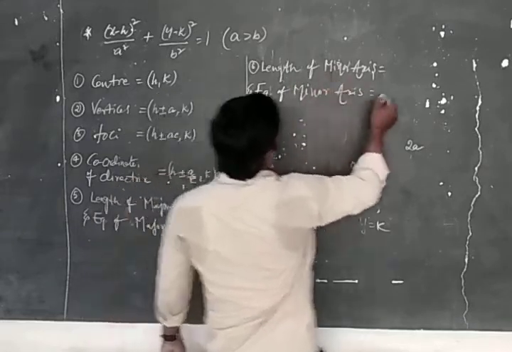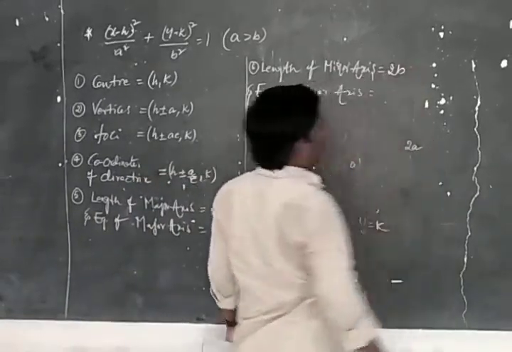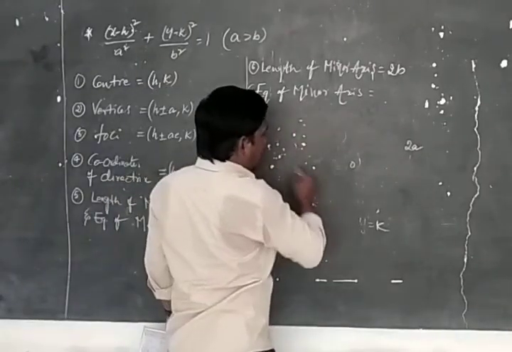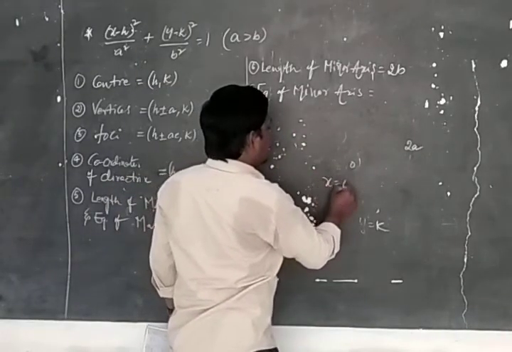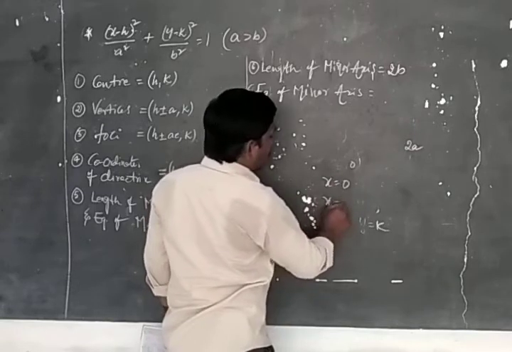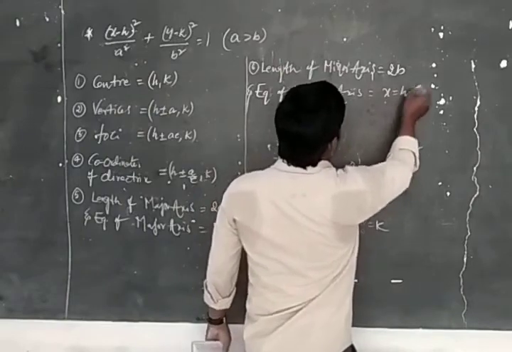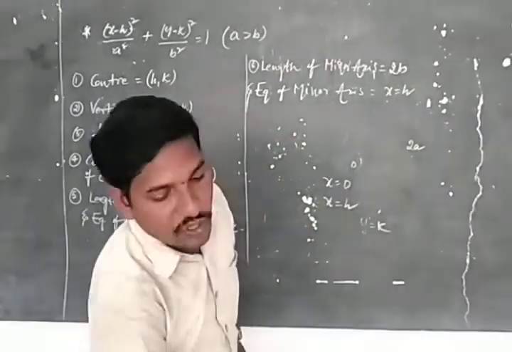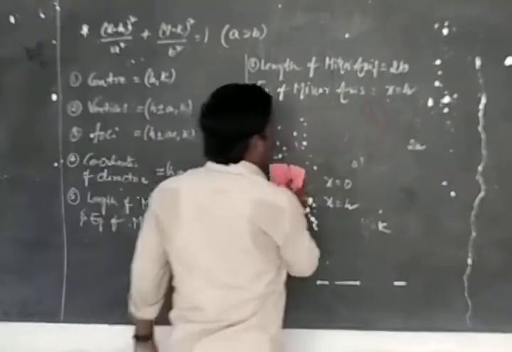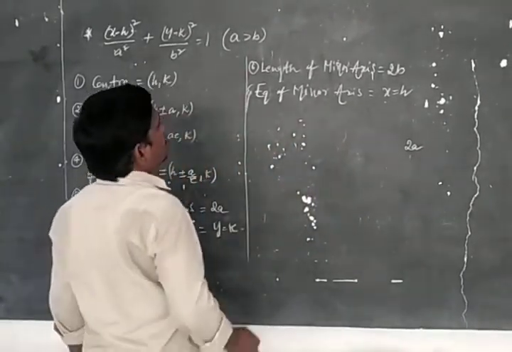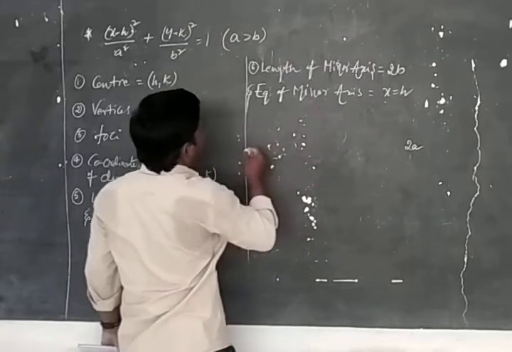Length of minor axis 2b. The equation of minor axis we wrote x equal to 0. Now we have to write x equal to h. Why? Because the origin 0 comma 0 shifted to h comma k. Length of minor axis 2b, equation of the minor axis x equal to h.